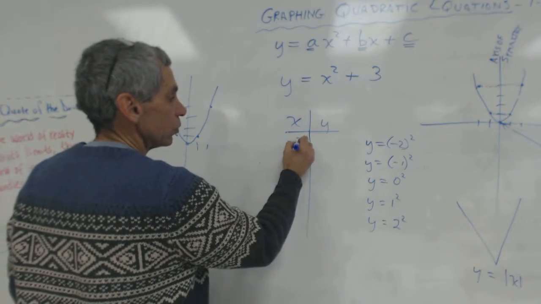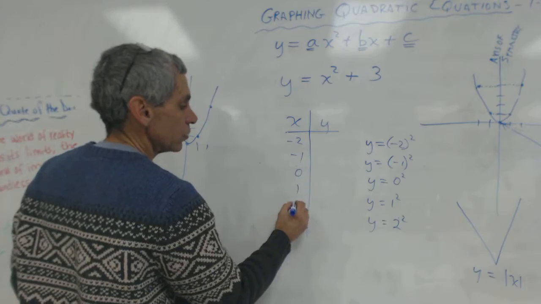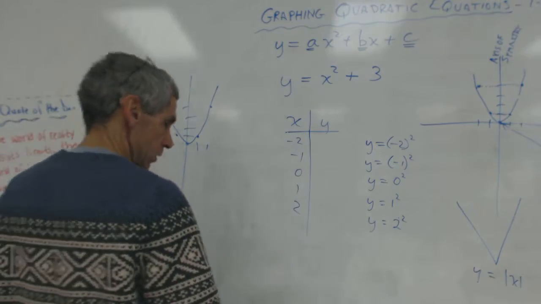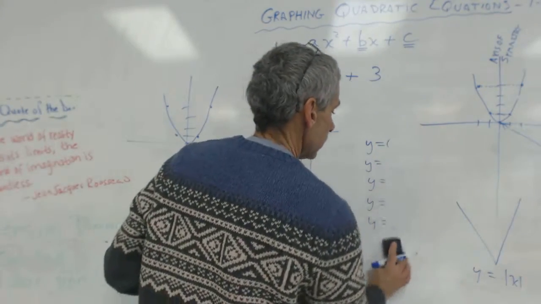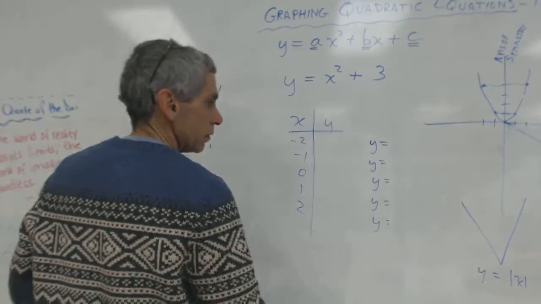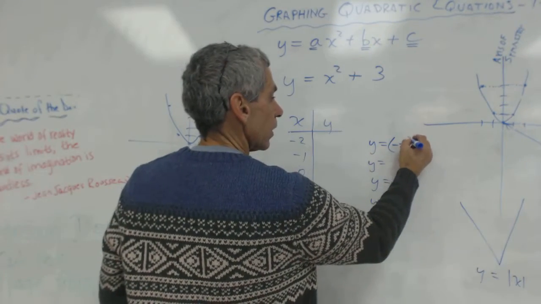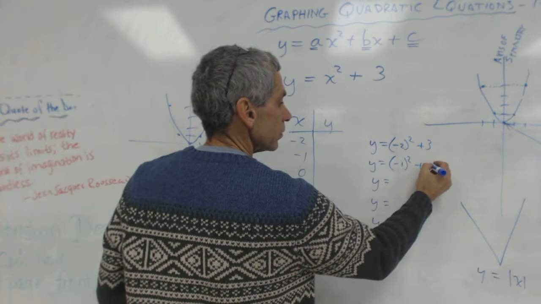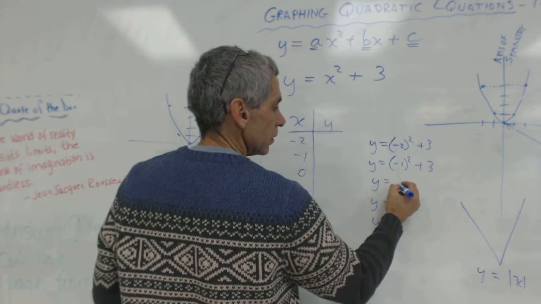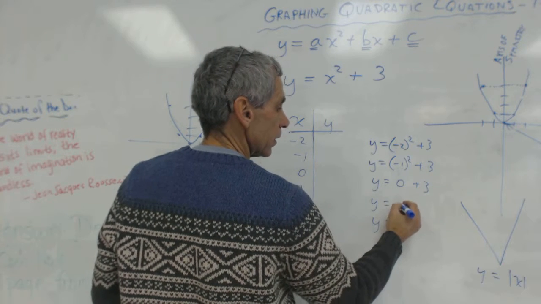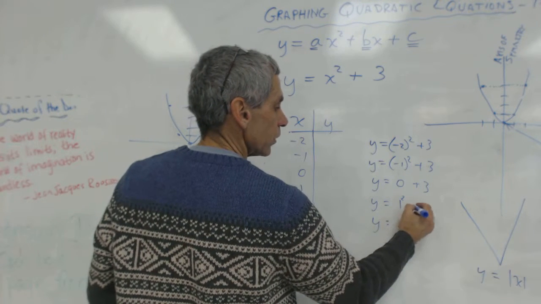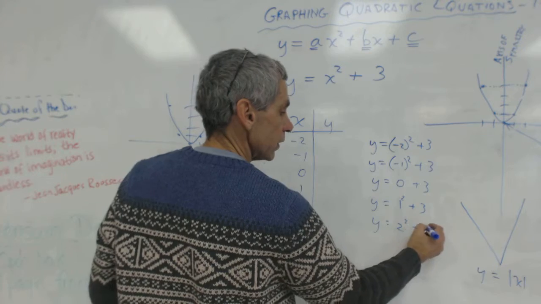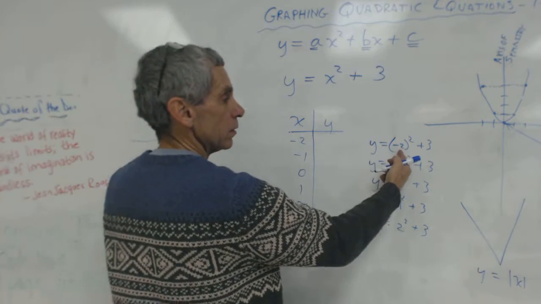And I'd do -2, -1, 0, 1, 2. And then I would have -2 squared plus 3, -1 squared plus 3, and then 0 plus 3, and then 1 squared plus 3, and 2 squared plus 3. Okay, what would this give me?